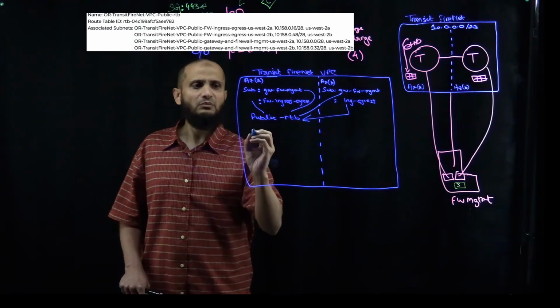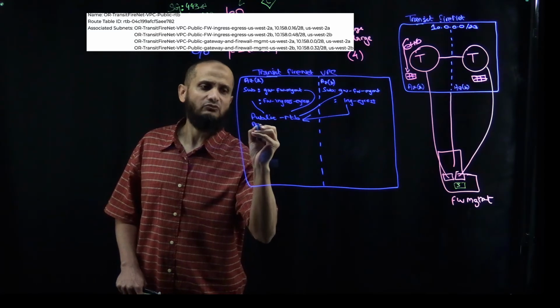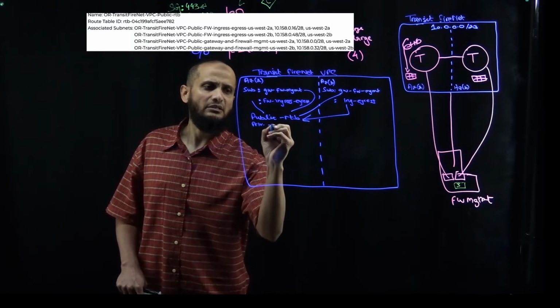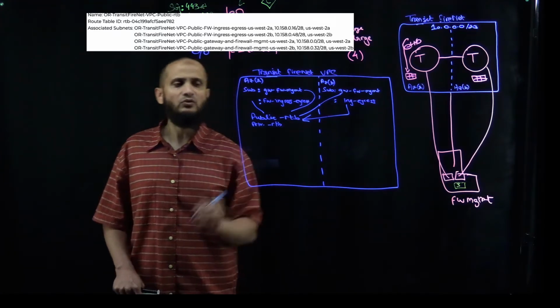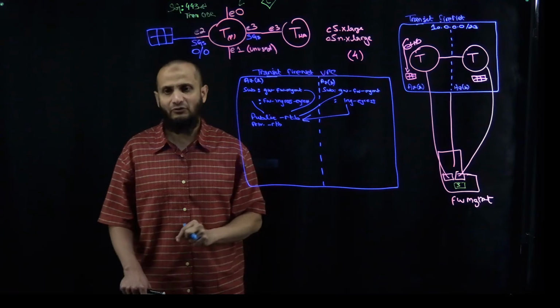At the same time, we are going to create another route table, which is a private route table, but no subnets are going to be associated to this private routing table at this point.